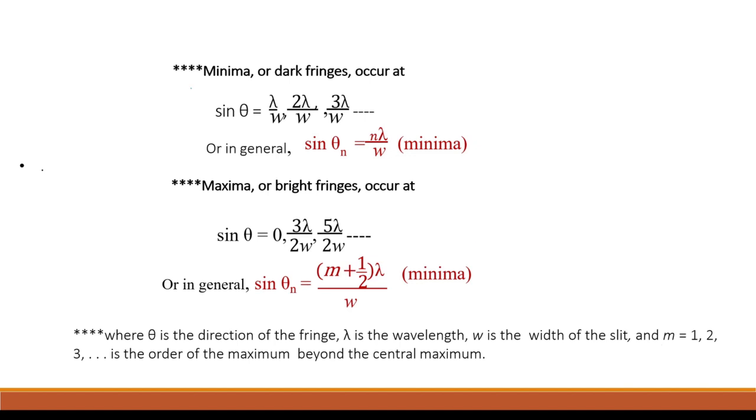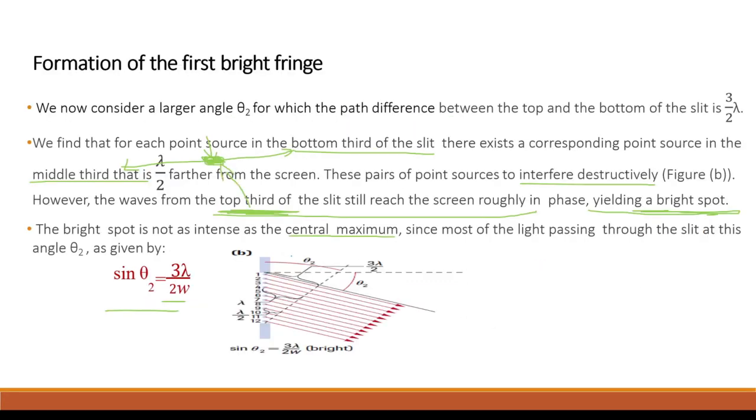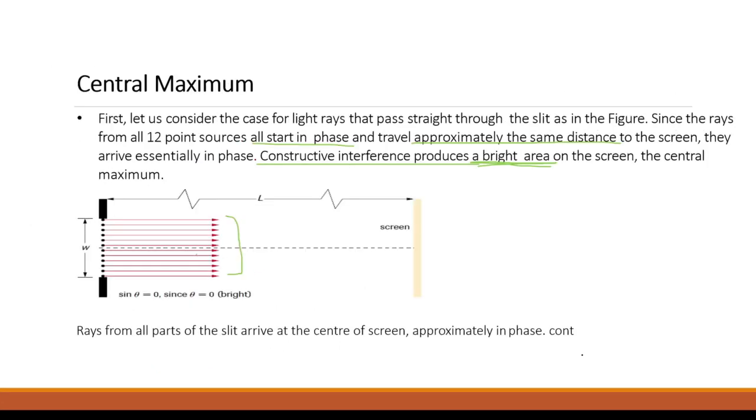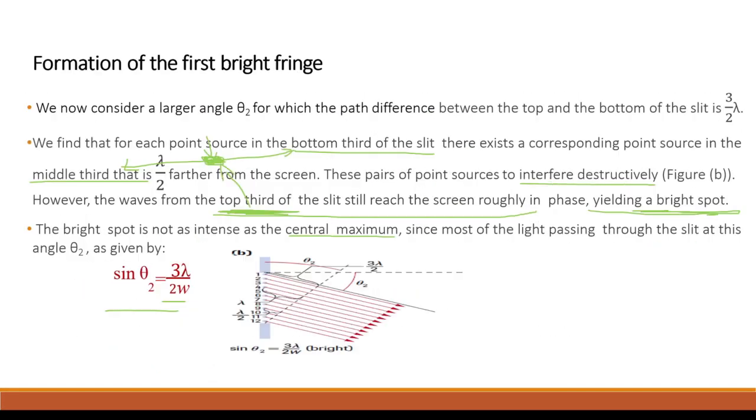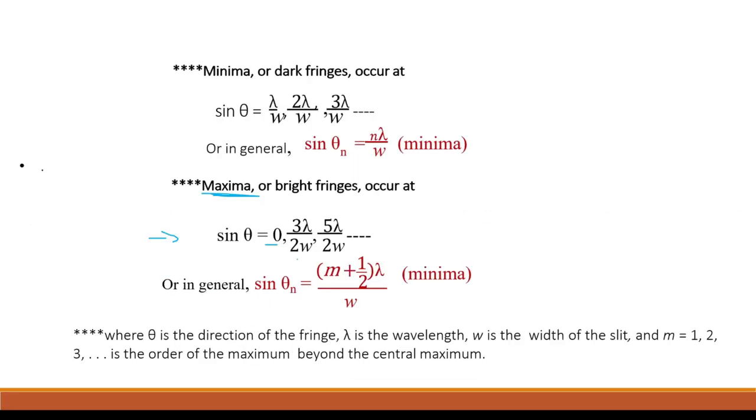And so when we combine our data here, we see that our maxima, or bright fringes, occur at values of sine theta equaling 0, which was our first example and our brightest maximum, and then 3 lambda over 2W was our next one, and so that's what we have here.